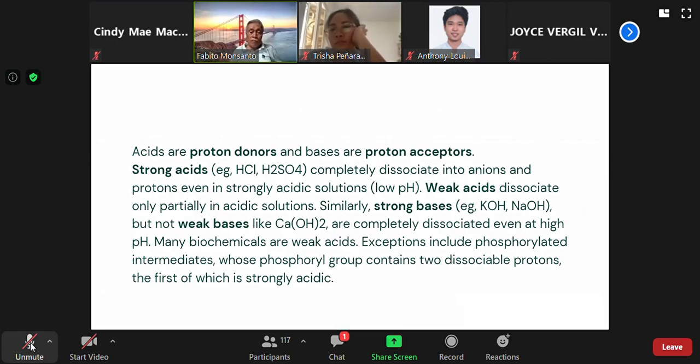Now, strong acid, strong bases. Now, let's go back again to acids. When hydrochloric acid dissociate, you produce hydrogen ions and chloride ions. Okay.